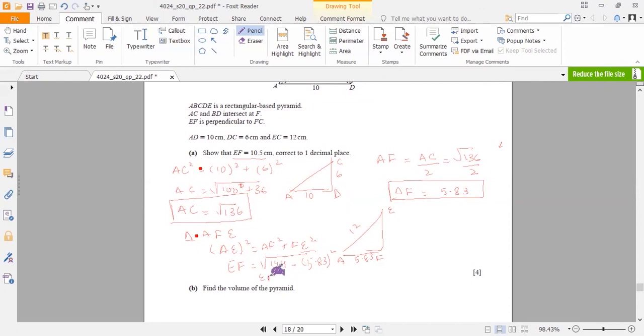The final value of EF will be 10.5 if we write it to three significant figures. 10.5 will be the final value.